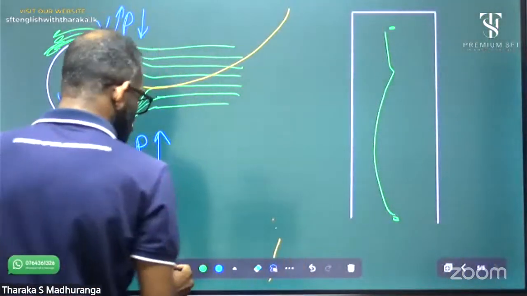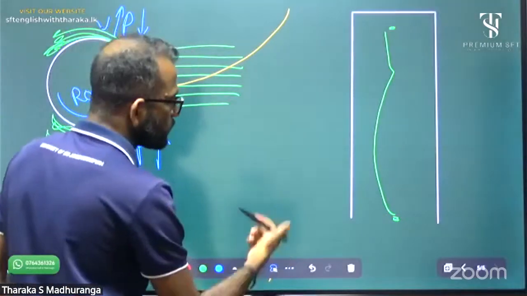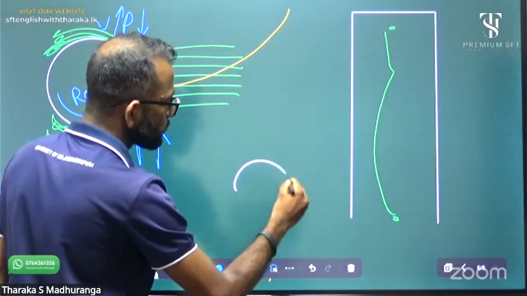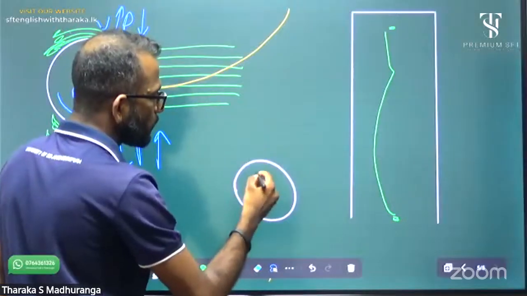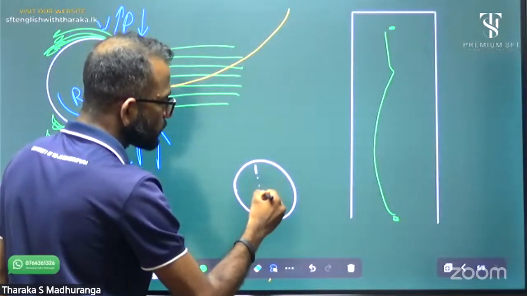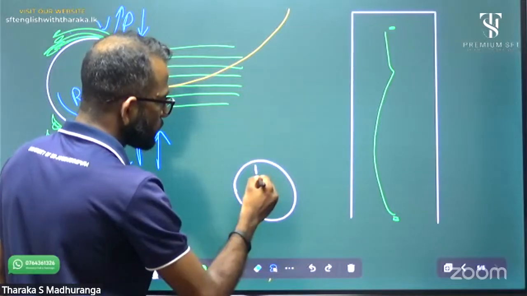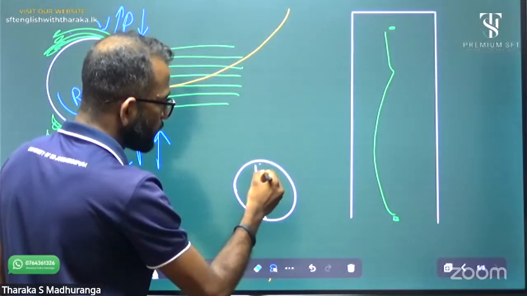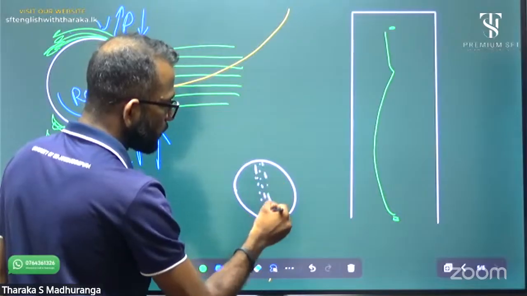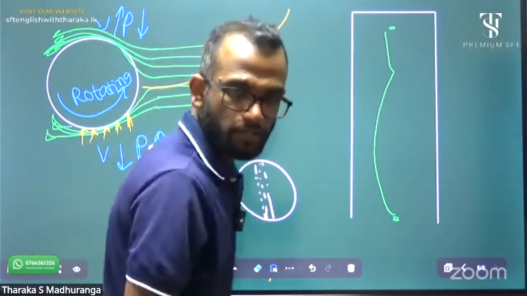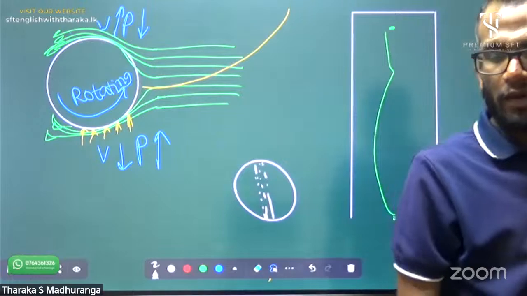Now the same story. Think this is a leather ball, and it has three lines like this in the middle.